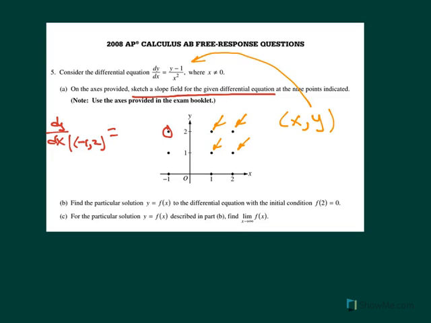So the x value will be -1. So we're going to use this equation to compute this. So the x value is going to be -1, so that's (-1) squared. And the y value is 2. So that's going to be 2 minus 1 up top. And that's going to get you 1 over 1, which is 1. So right at that point, we're going to have a slope of 1.